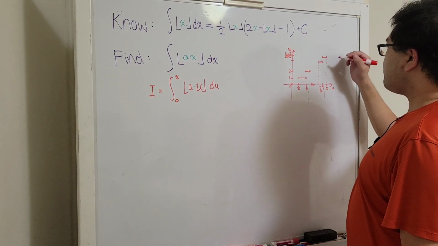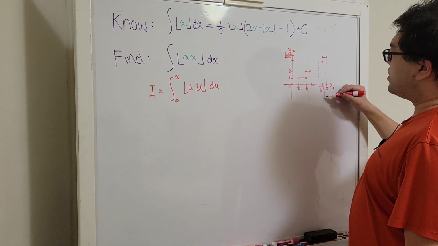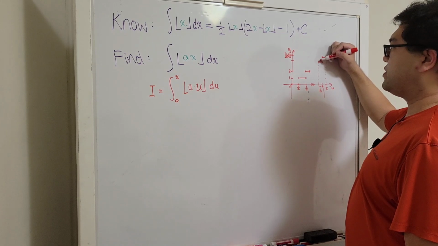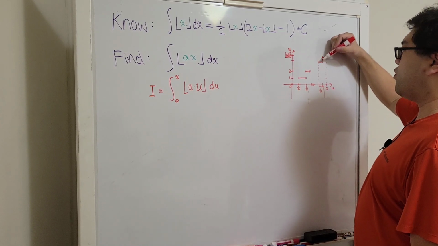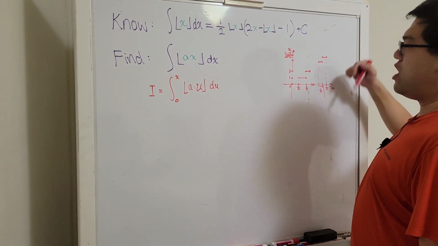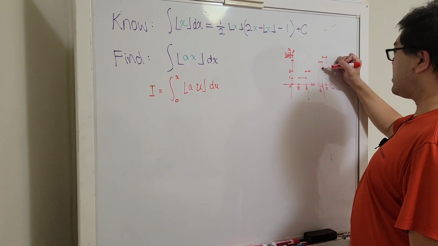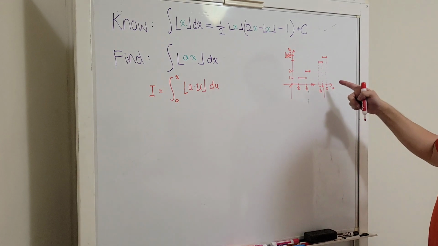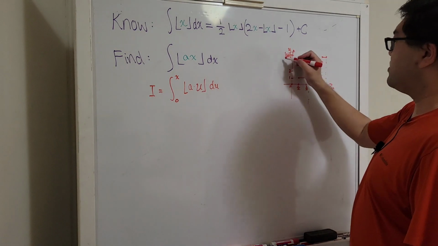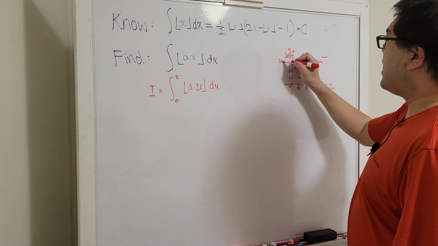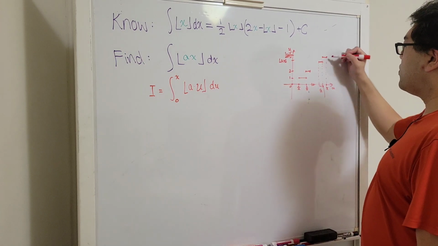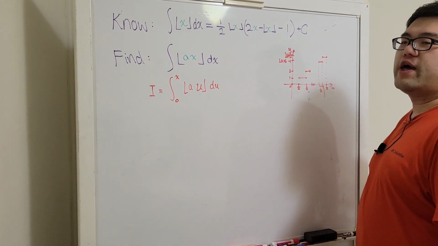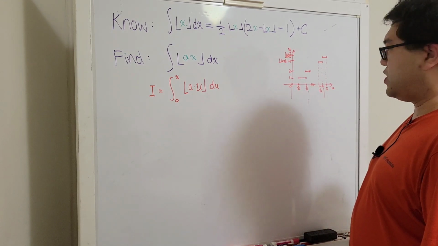Before we figure out this one, we also need to know the y value of this part of the interval, or what the height of this rectangle is going to be. If we look at the graph, we can easily tell that the height would be 1 less than the highest interval, which is up here. So the height will be the floor of ax minus 1.